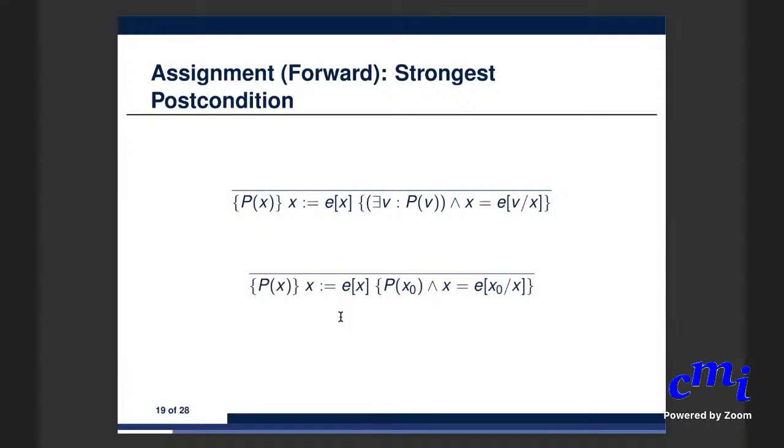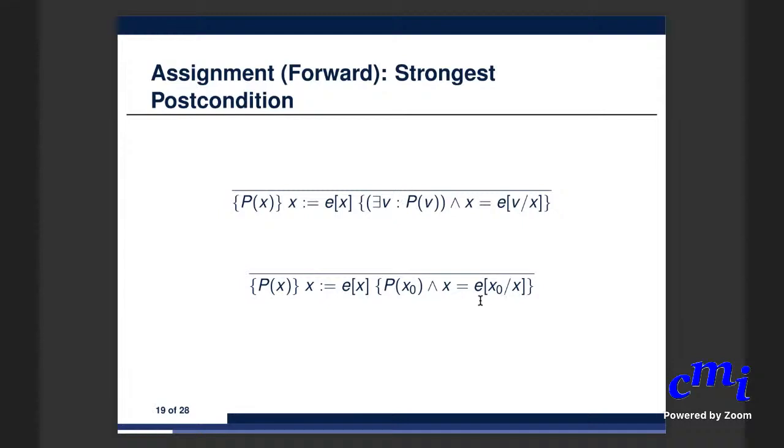More distinctly, without existential quantification, it can be stated this way: if P of X is true in the pre-state, it's a precondition, then what it means is that we can introduce some constant X naught. It can be an arbitrary constant, whatever the value that X has in the precondition.